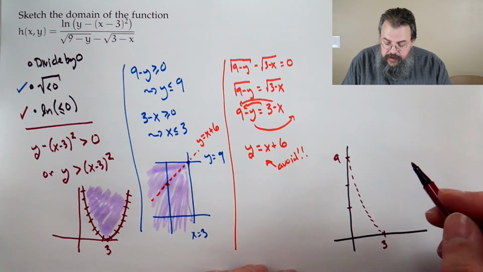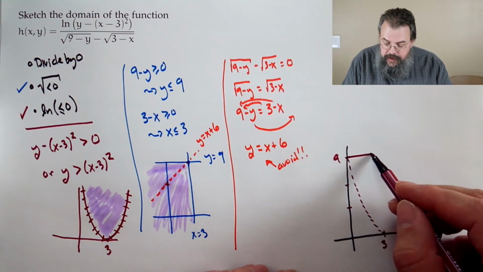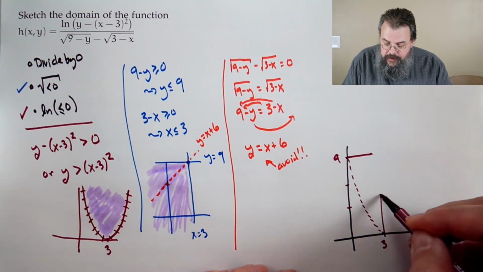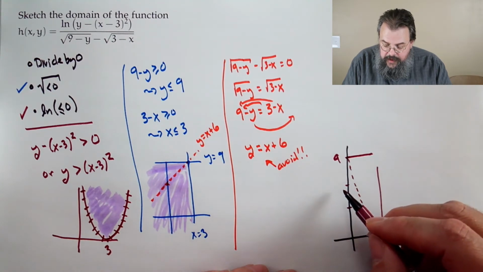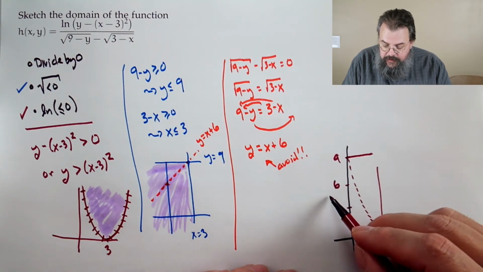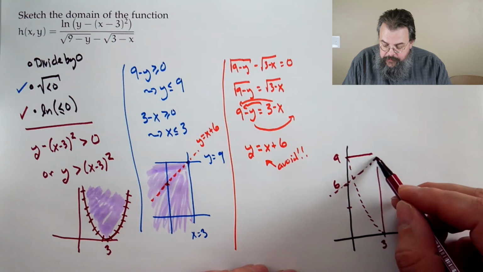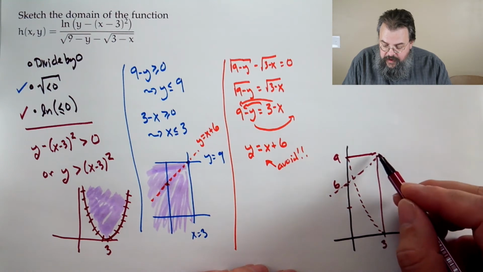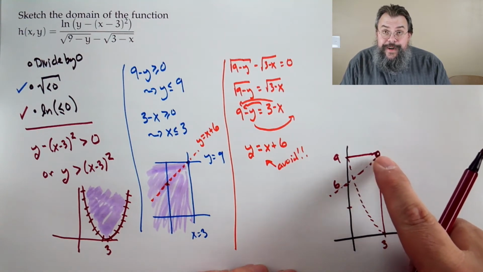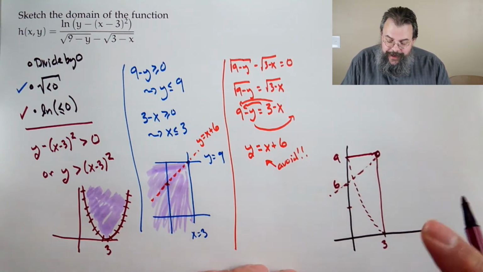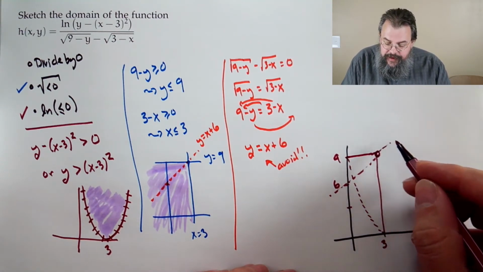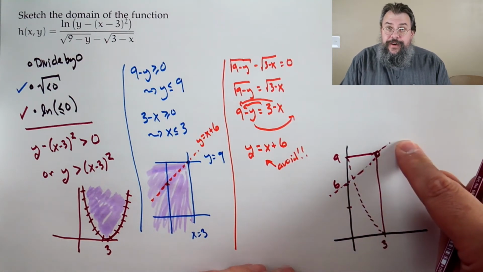And now we're going to have another dotted line that goes through 6, y equals x plus 6. And there's this corner. Now, this corner is an open circle. Why? Because y equals x plus 6 actually goes right through that corner.